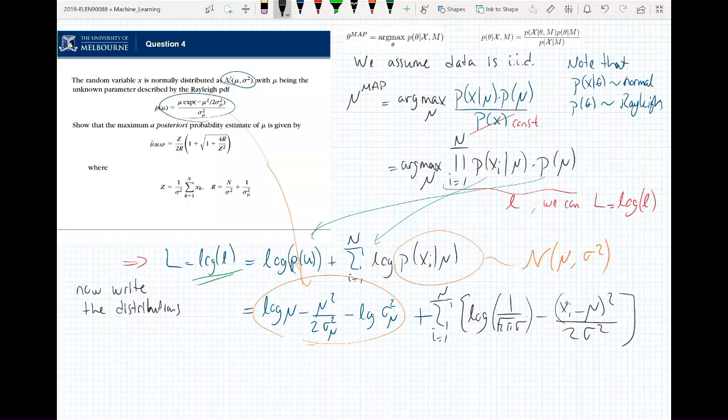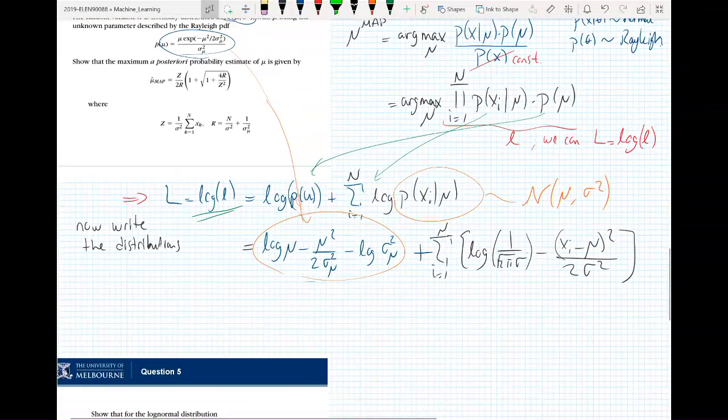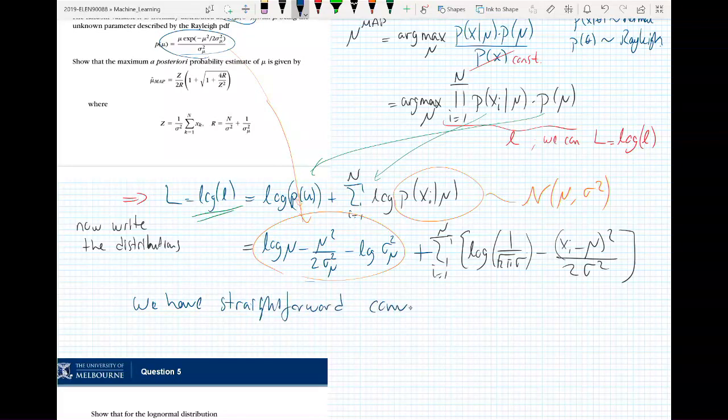And then here we also have something quadratic in mu, right? We just go over the optimization, and in the interest of time, I'm not going to spend too much time. But essentially we have a straightforward convex optimization problem.